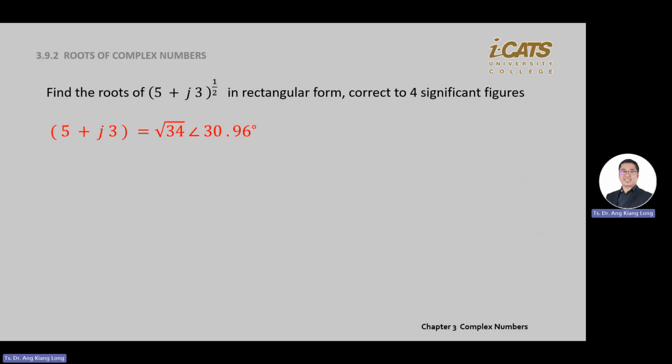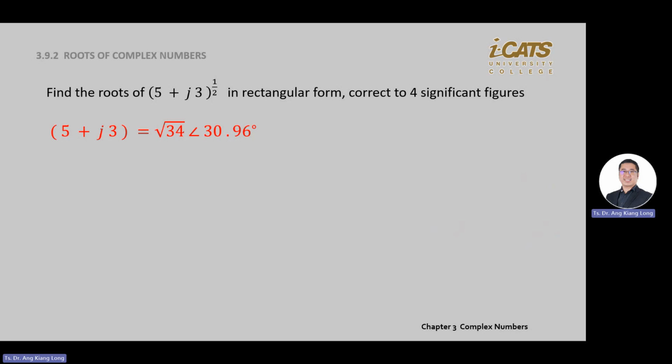Let's see this one. So let's say we have a Cartesian complex number and we square root it. So we use the De Moivre theorem. So there's a step to convert this one to here. So 3 plus j3 means you take the square root of x squared plus y squared.